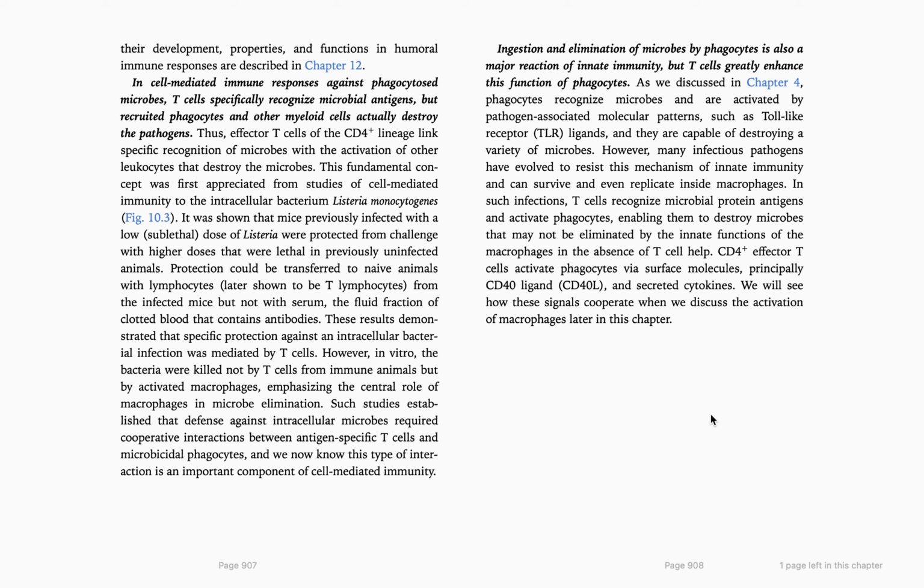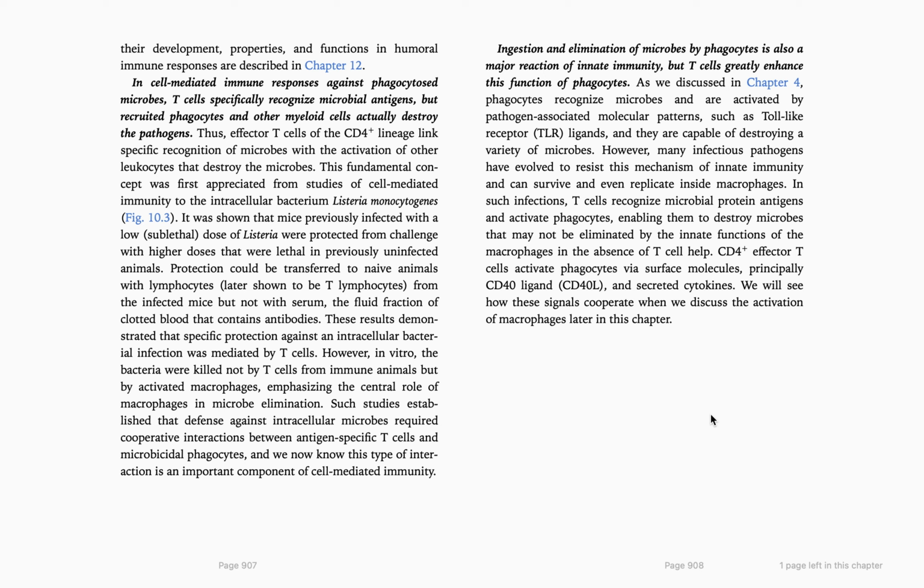Protection could be transferred to naive animals with lymphocytes, later shown to be T lymphocytes, from the infected mice, but not with the serum, the fluid fraction of clotted blood that contains antibodies. These results demonstrated that specific protection against an intracellular bacterial infection was mediated by T cells.